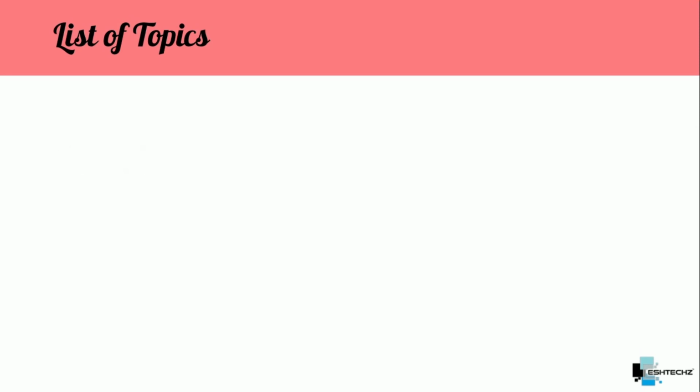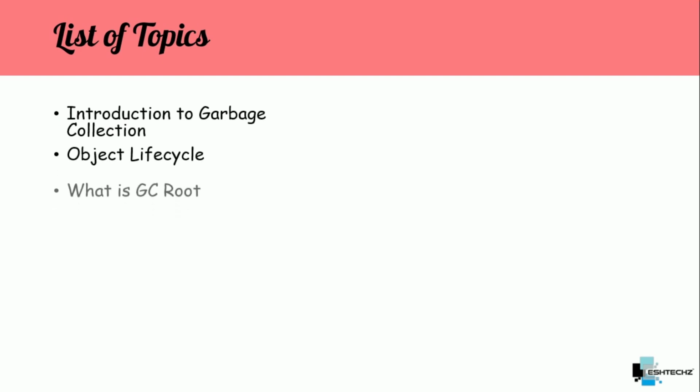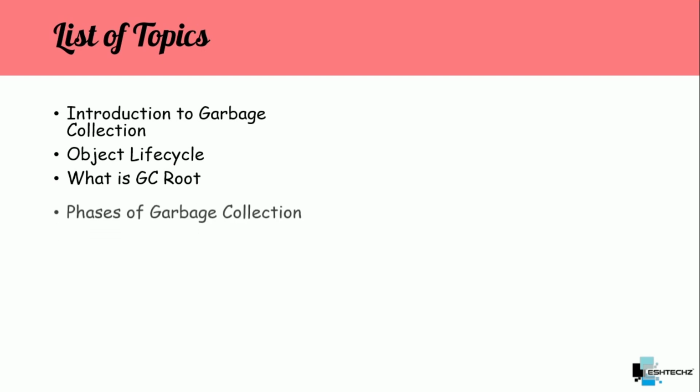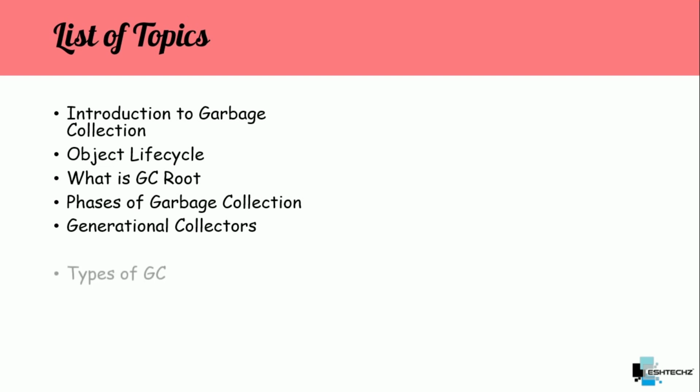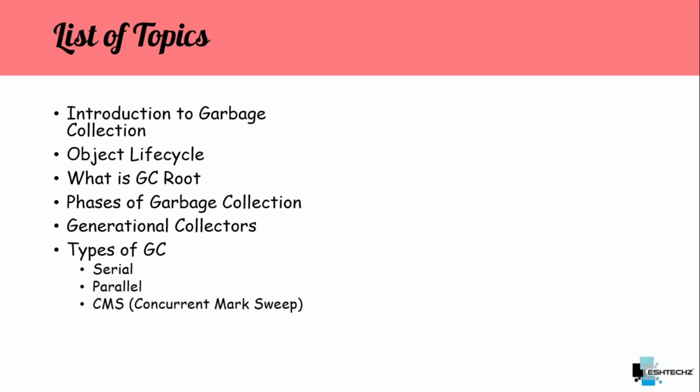The first topic is Introduction to Garbage Collection, Object Lifecycle, what is GC root, phases of garbage collection, generational collectors, types of GC which includes Serial GC, Parallel GC, CMS or Concurrent Mark Sweep GC, G1 GC or otherwise known as Garbage First GC, Epsilon GC, Shenandoah, and the latest addition ZGC.